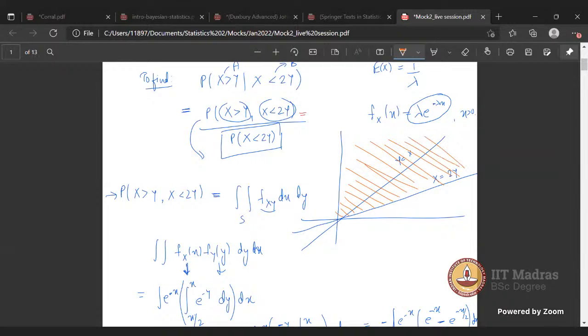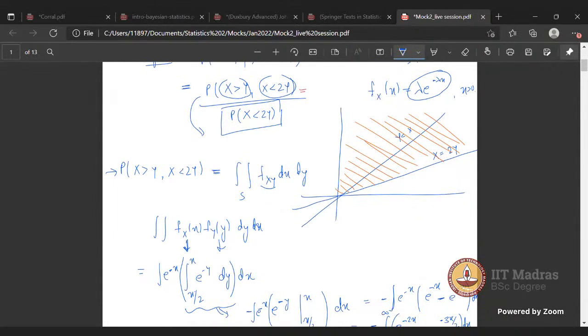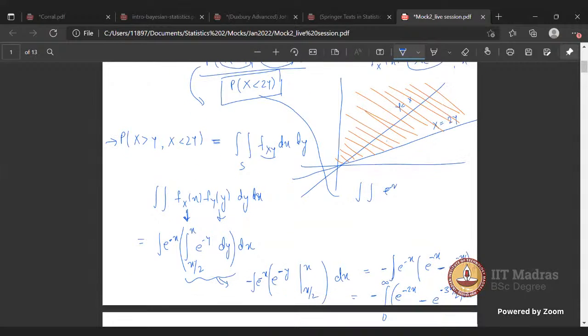So if I want to find this probability x less than 2y, then this is e to the power minus x, e to the power minus y, dy dx. Okay. So y is varying from x by 2.